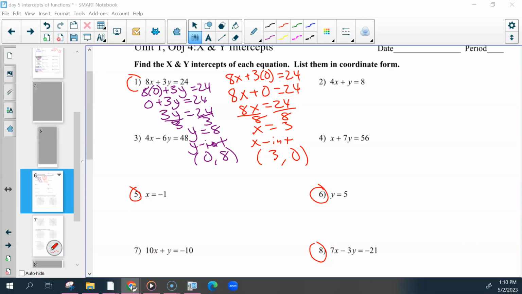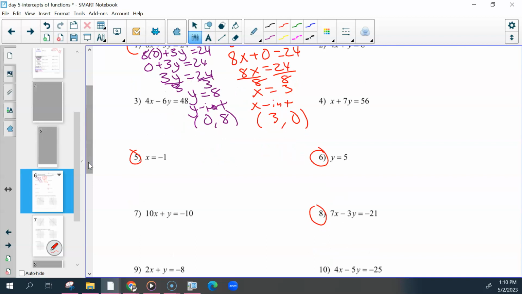Okay, for 5, it tells you what your x-intercept is. It's at -1, so that would be the point -1, 0. You do have to know that this is a vertical line, x equals, so it has to be a vertical line at -1. That vertical line will never cross the y-axis.